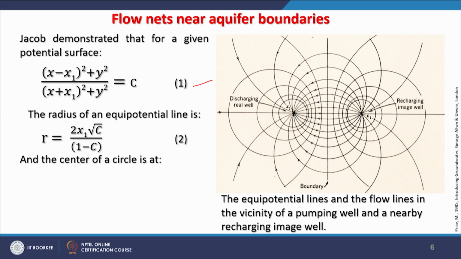Now, at the center of the circle we get x1 times (1 plus C) divided by 1 minus C. So, this becomes our third equation.